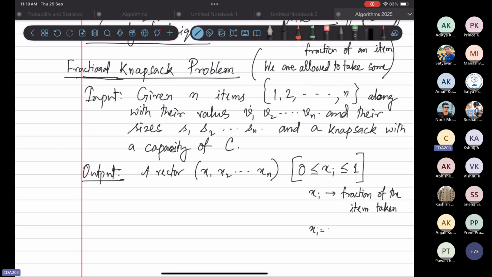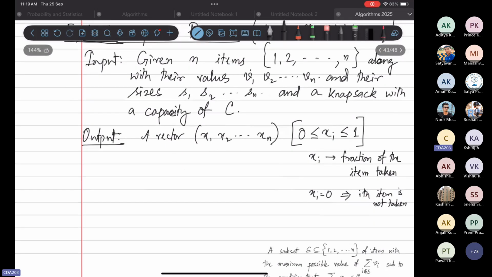So xi is 0 implies the ith item is not taken. And what does xi equal to 1 mean?